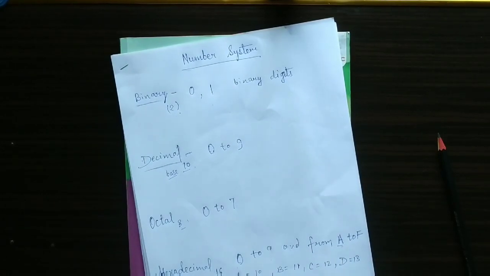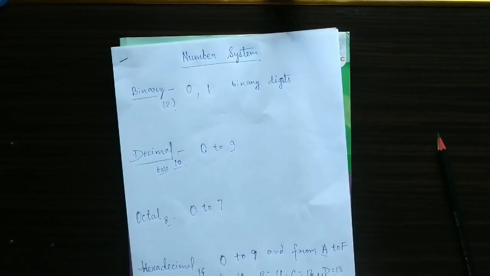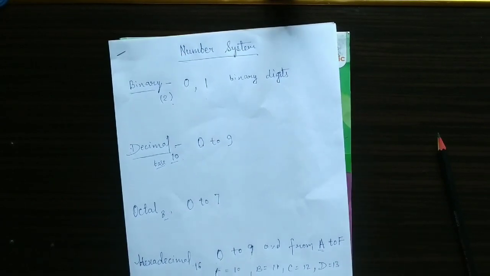From 0 to 15, total 16 digits. Hexadecimal consists of 16 digits. So these are the 4 types of number systems.